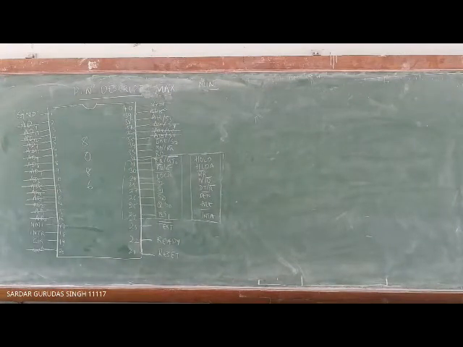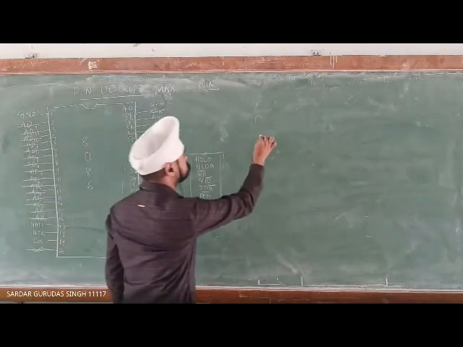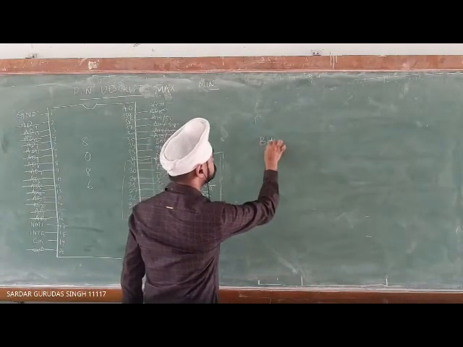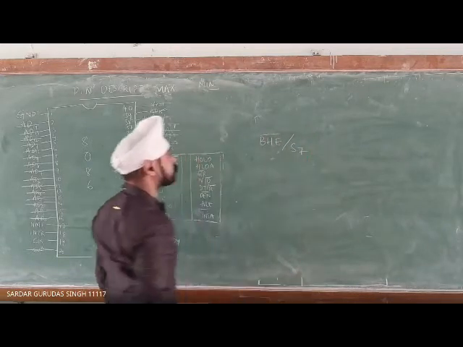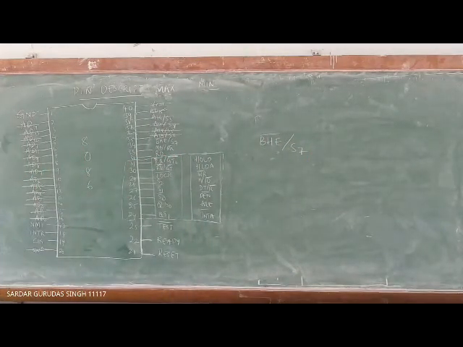Now the next one is here, BHE bar by S7. Which type of signal is BHE? Whether it is a low signal or a high signal?